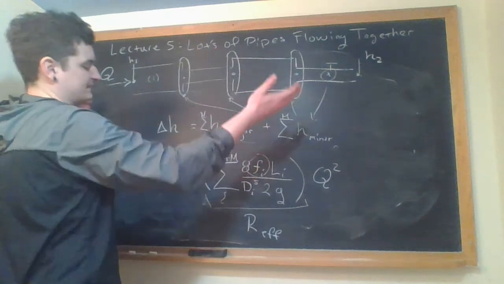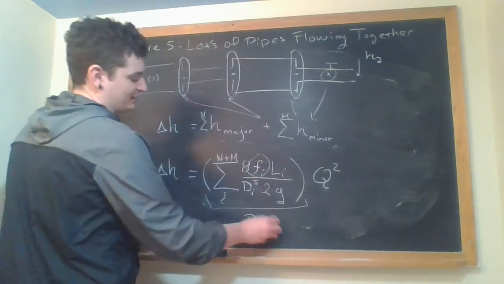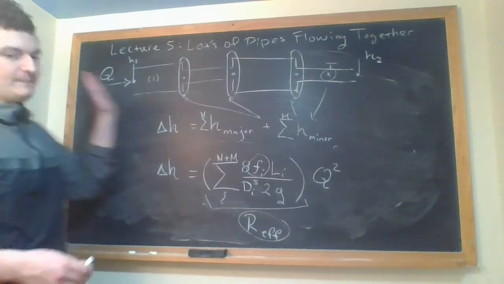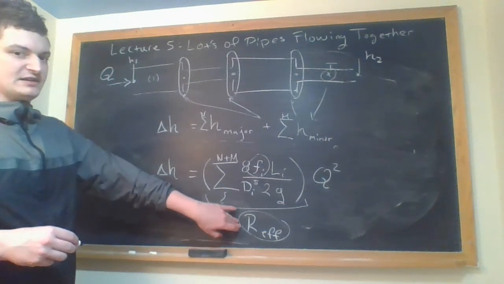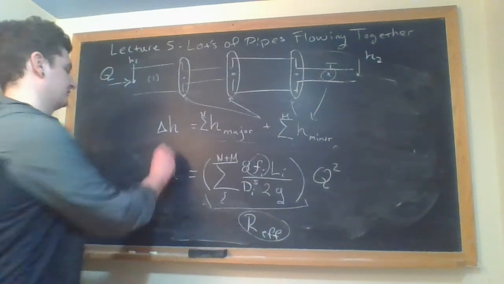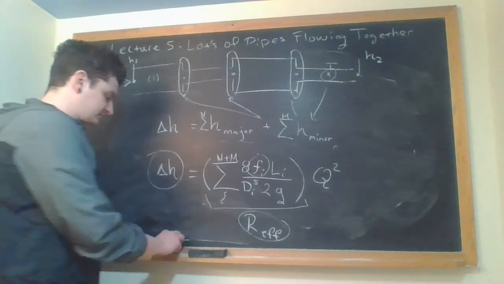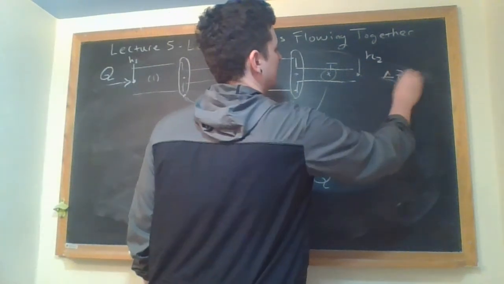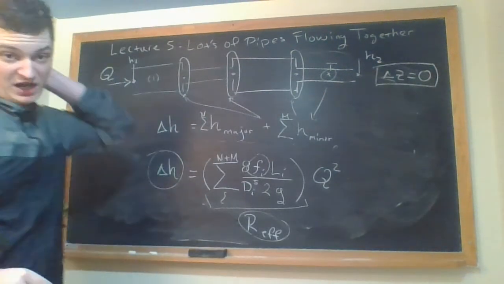But for pipes in series, this is what you need to look for. You're really just trying to figure out the effective resistance to those pipes in series. All the calculations right here are a given, and the head loss due to the viscous losses will just pop right out. Notice this is only true if you have no change in height.